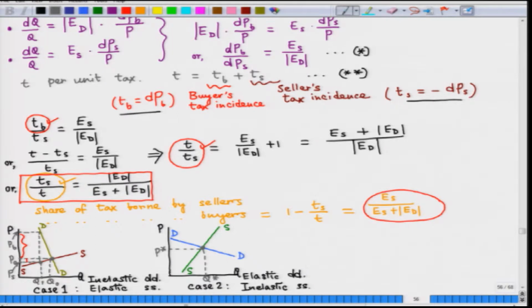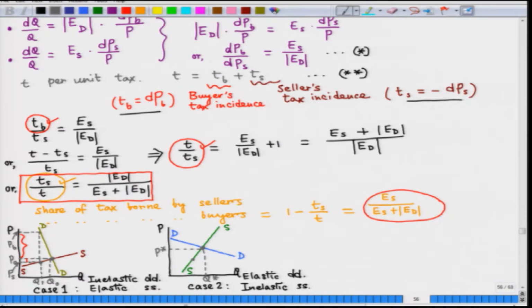Of course, the demand function will shift downward parallelly and it will cut the original supply function somewhere, right, let us say at this point. So, there the new equilibrium is going to be obtained, right.